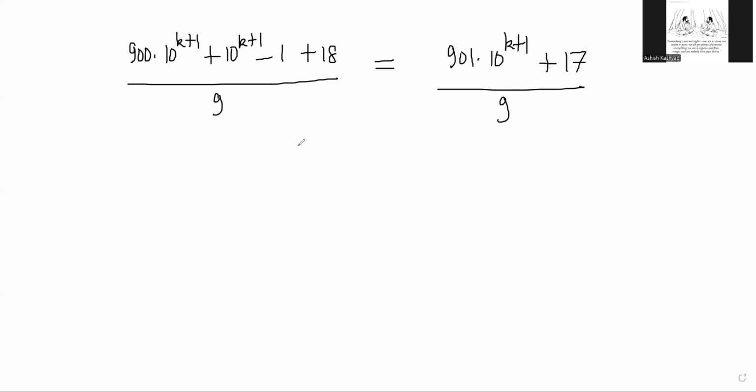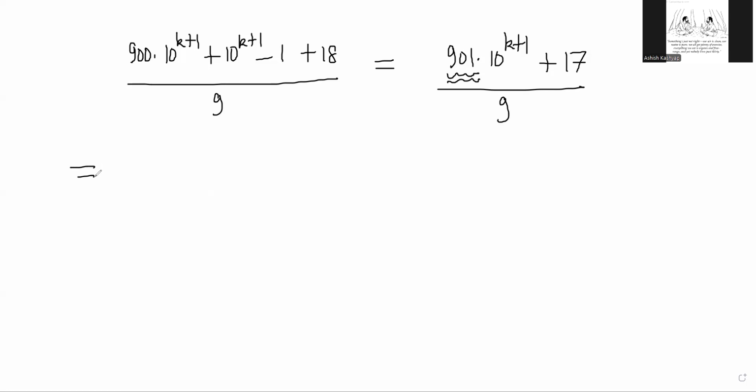Okay, so 901, this number, you can see that it is divisible by 17. 17 fives are 85 and then 3, right? 51, 53.